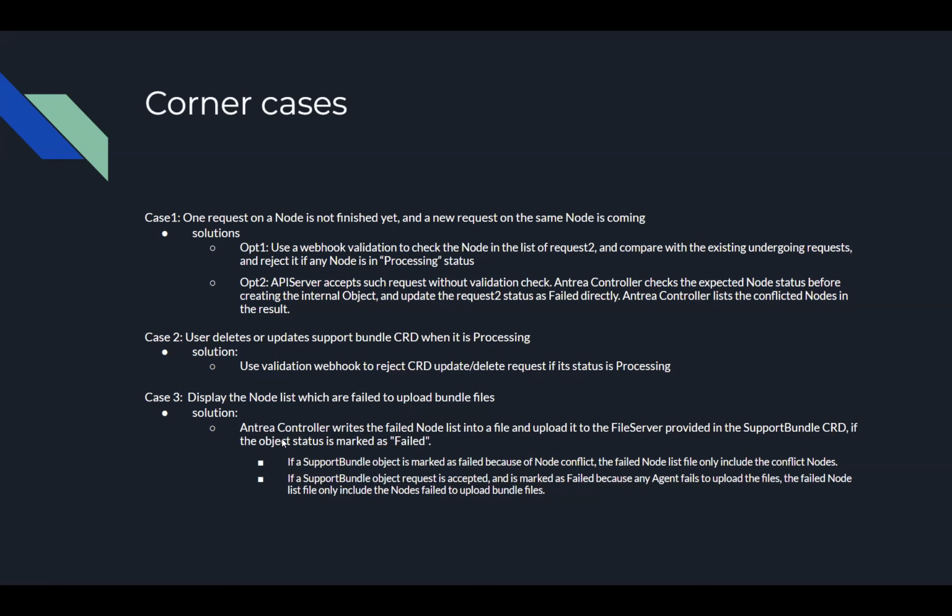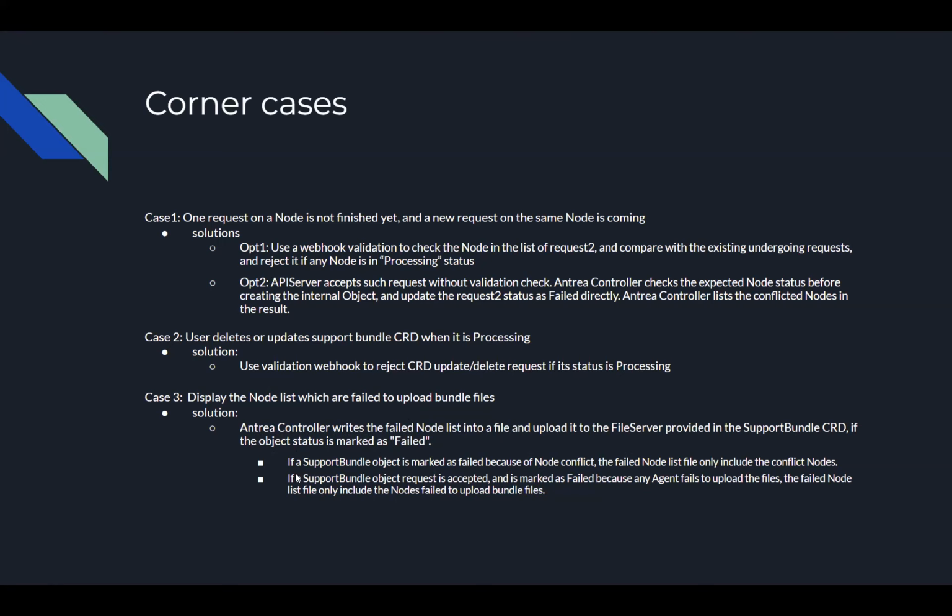So the solution is that the controller will write a file including the failed nodes list, upload it to the file server provided in the support bundle, and mark the CRD status as failed.